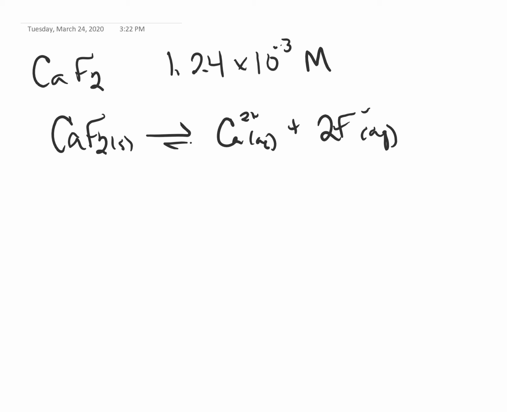All right, and I have 2 F's, so I'm going to put 2 F's over here. Now they've given me the solubility already for this, so I'll write it here. And since this is 1:1, I would have the same amount here. And this has a 2, so that means this is going to be twice as much.